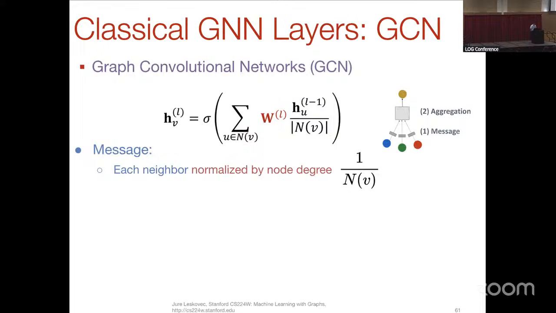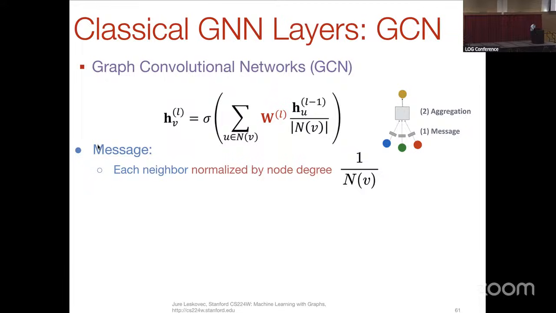Right? So we have seen GCN as an example. Where we have the node embedding, and then we have the big bracket, which is the activation. But before that, we will look at what are the neighbors of the node that I'm interested in. And then we also perform a normalization. So this is more specific to GCN, on the node degree. And then we have a weight matrix that multiplied by the hidden embedding. Right?